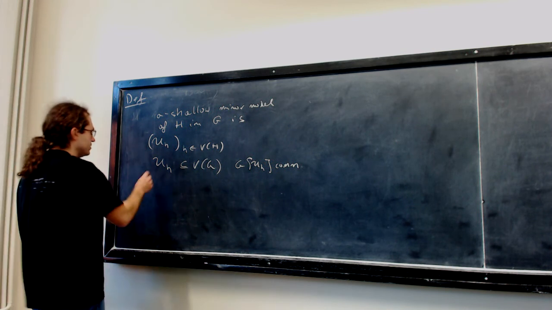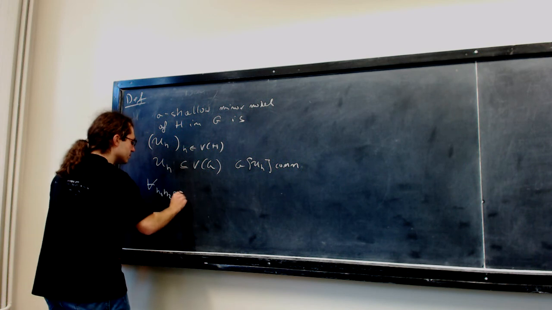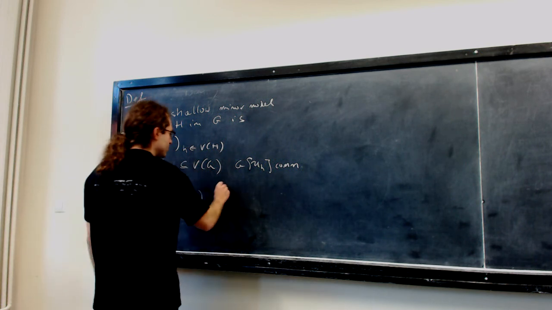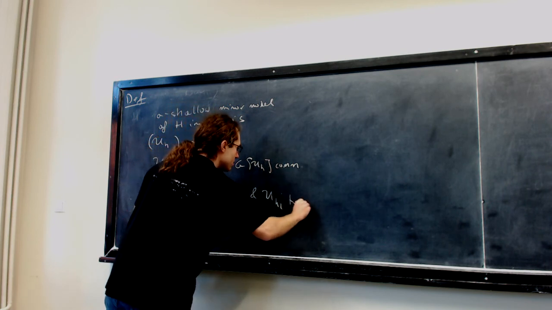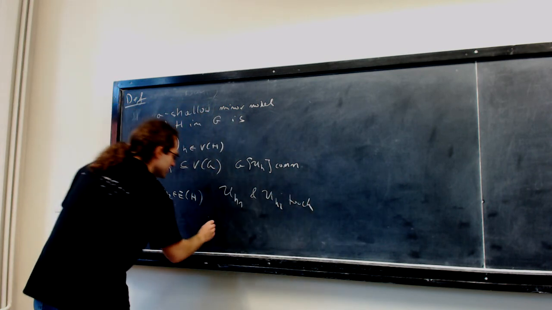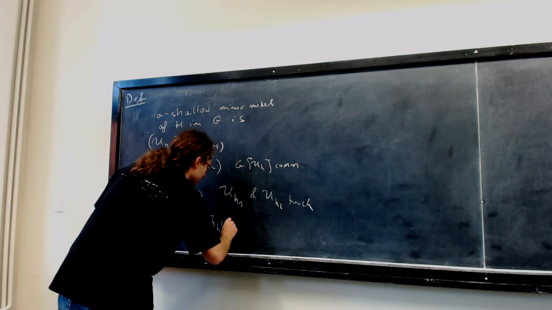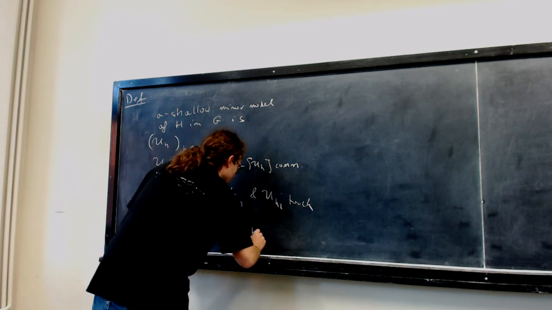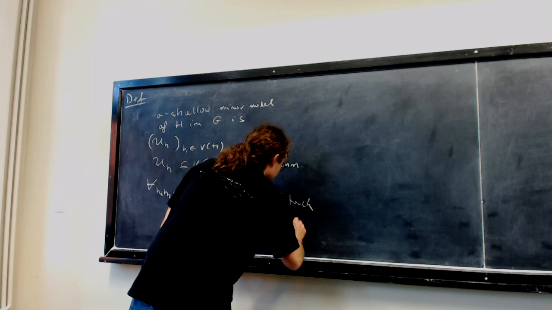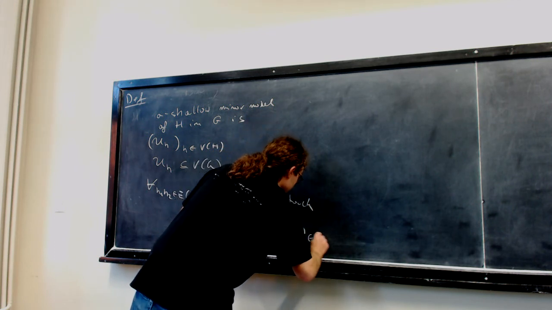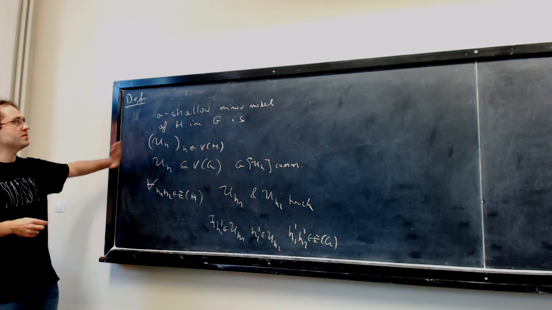So for every edge h1 h2 in H, we say that U_h1 and U_h2 touch, which means that they have an edge between them. So there's some h1' in U_h1 and h2' in U_h2 such that h1'h2' is an edge of G. So they touch, it means that there's an edge between them. Okay, that was a minor model.